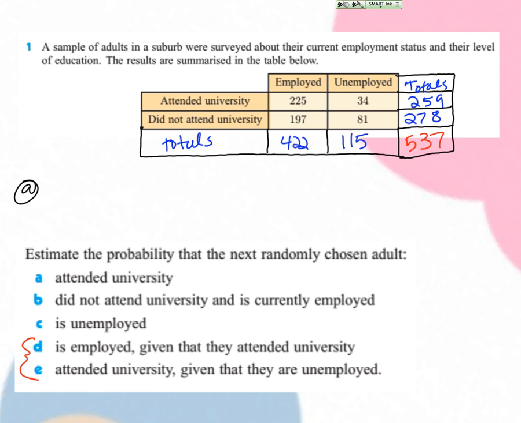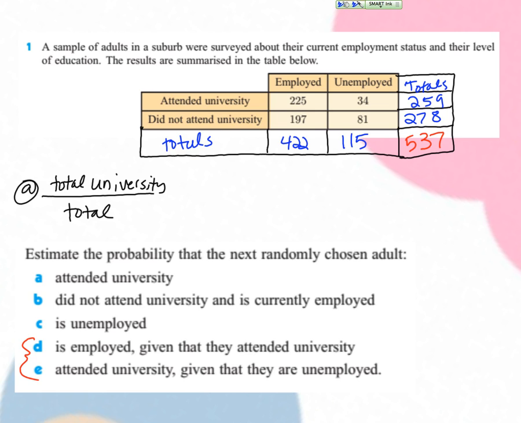So I want to estimate the probability that the next randomly chosen adult attended university. So I have to put the total university over the complete total, all of the people. The total number of people that went to university over the total people in the survey.